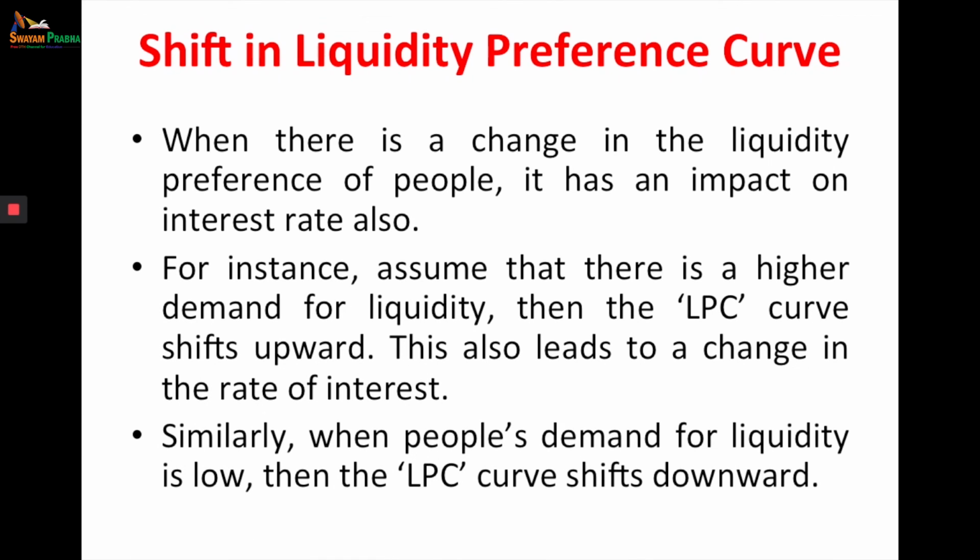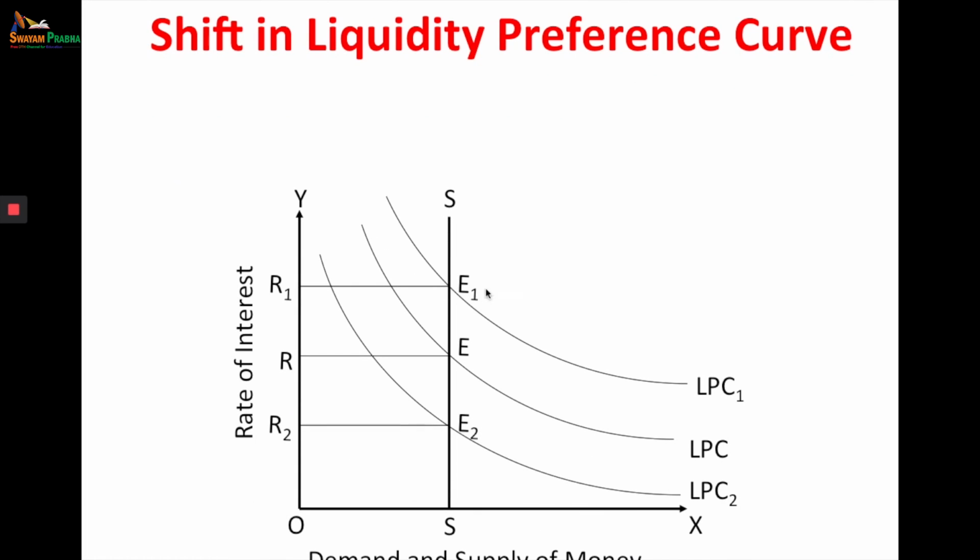For example, assume that there is a high demand for liquidity, then the LPC curve will shift upward, and this also leads to a change in the rate of interest. Similarly, when people's demand for liquidity is low, it will shift downward, and it will affect the rate of interest. For example, E is the initial equilibrium point, and OR is the rate of interest. As this diagram shows, on OY we have the rate of interest, and on the X-axis we have the demand for and supply of money.